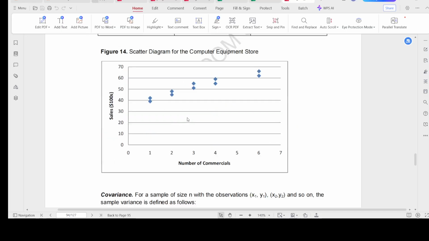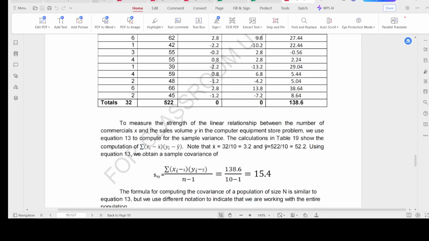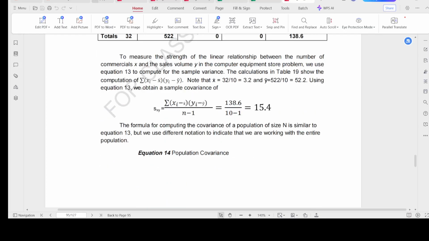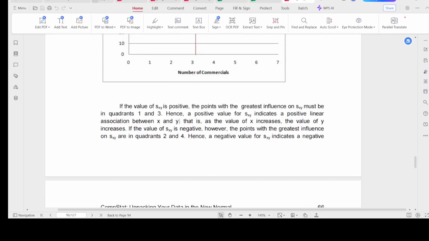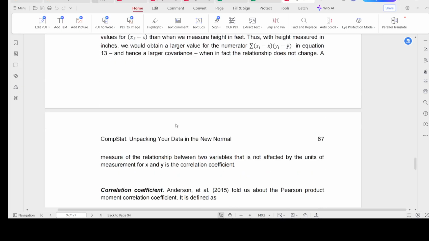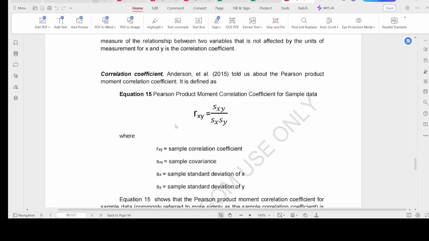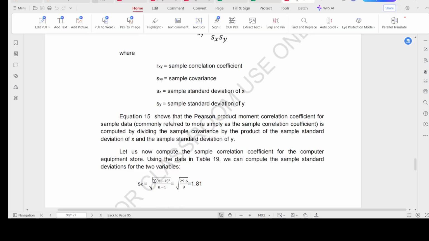We already solved the SXY, so we compute now the RXY. The formula uses the sample standard deviation of x and the sample standard deviation of y.